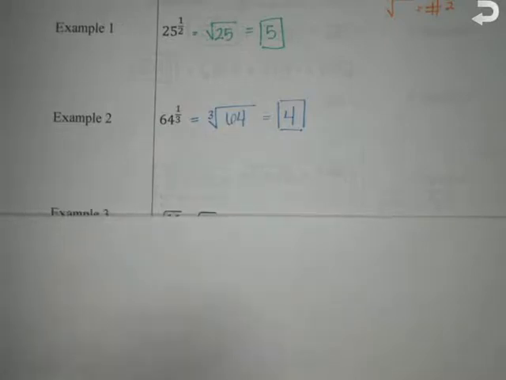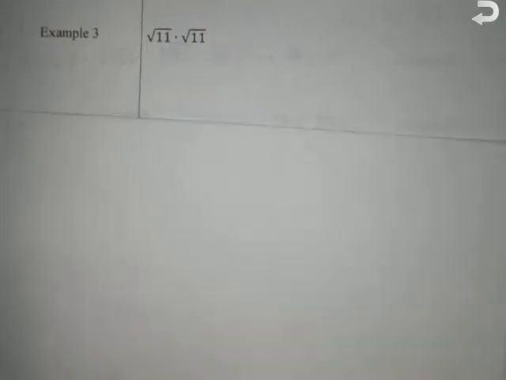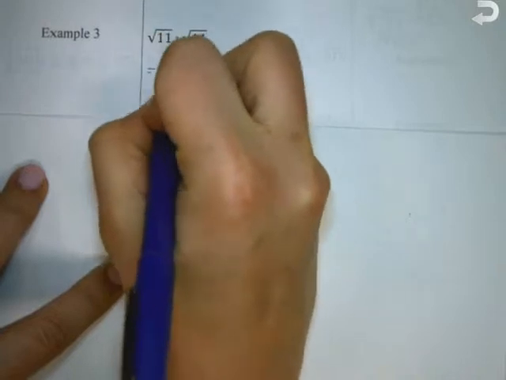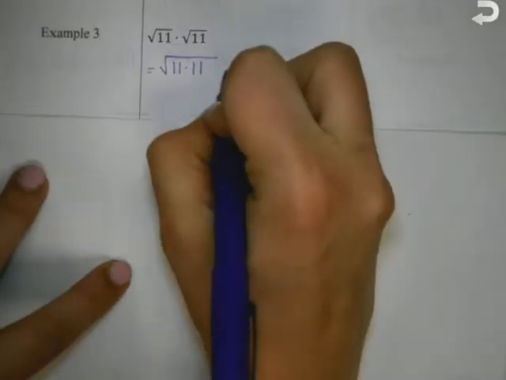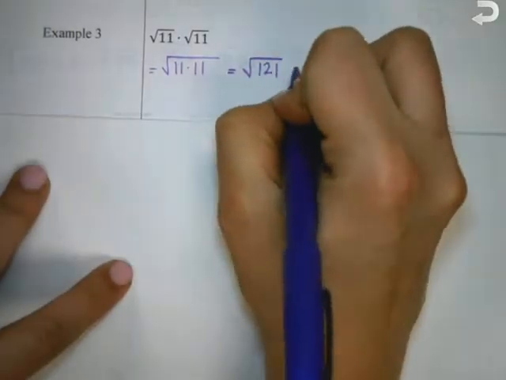Okay, so what happens with something like this? Example 3. This is something we did in the last set of notes. Square root of 11 times square root of 11. I get to multiply the insides, so that's the square root of 11 times 11, which is the square root of what? 121. And what's the square root of 121? 11.